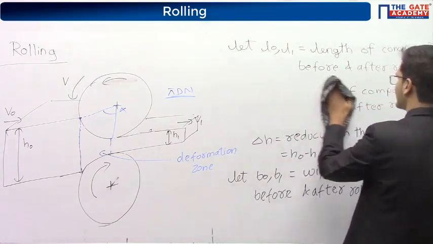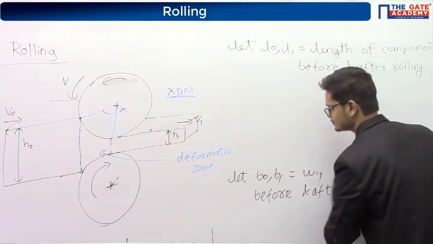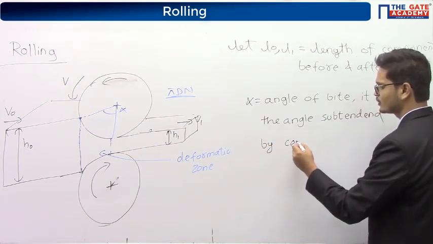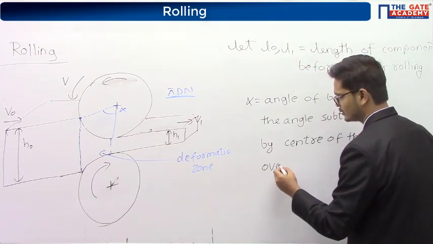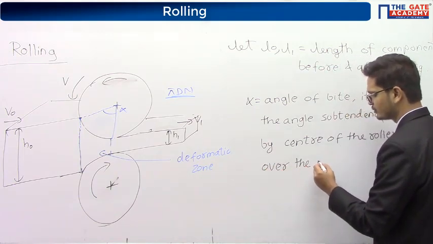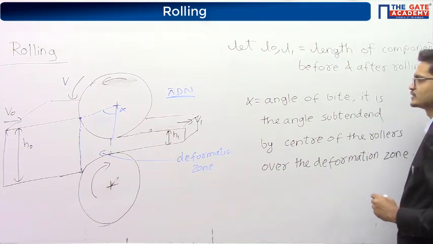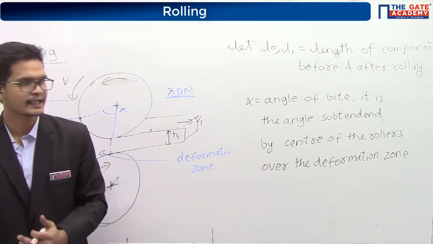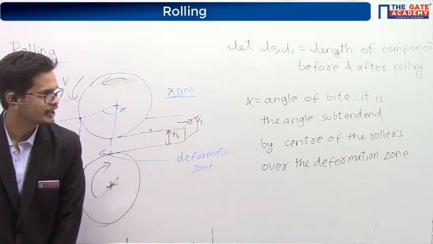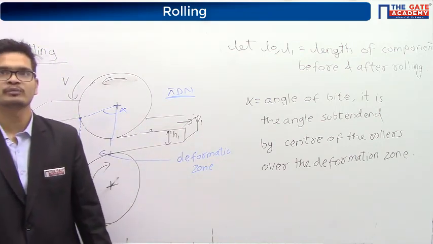Alpha is the angle of bite, also called the bite angle. It is the angle subtended by the center of the rollers over the deformation zone.